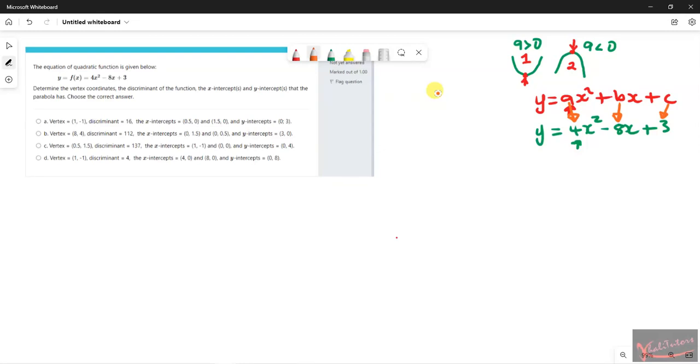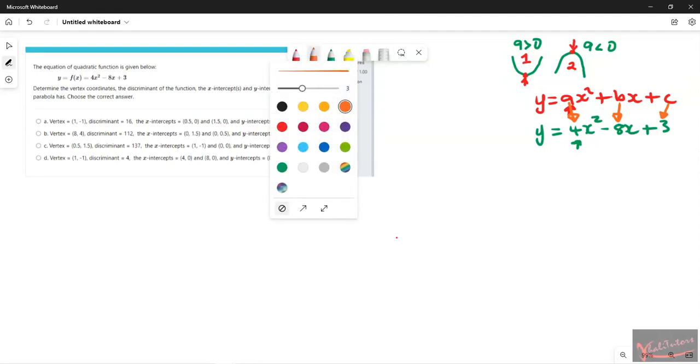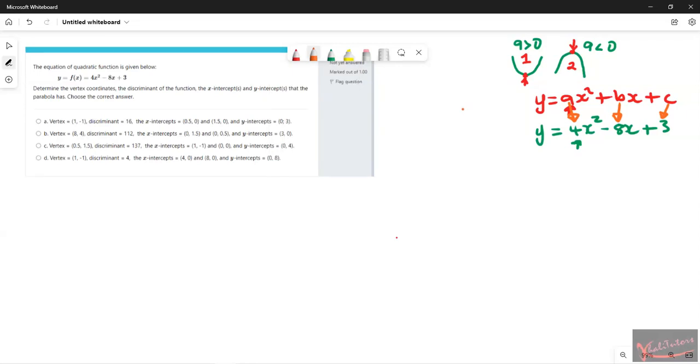Another important concept that you need to understand is the concept of intercepts. Generally when you draw a parabola, you will draw it on a Cartesian plane. A Cartesian plane looks something like this. It has an x-axis and a y-axis. When they are talking about x-intercepts, they simply mean the points where the graph touches the x-axis.